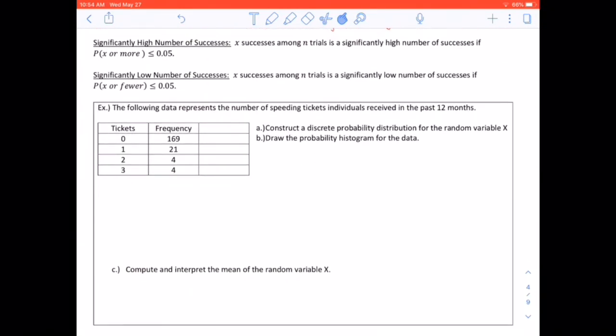It says significantly high number of successes and significantly low number of successes. It says X successes in trials is significantly high if the probability of X or more is less than or equal to 0.05. Likewise, it's significantly low if the probability of X or fewer is less than or equal to 0.05. The next example on here, we are going to work out together.